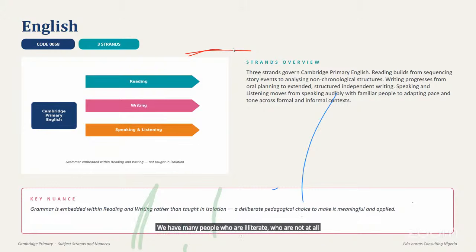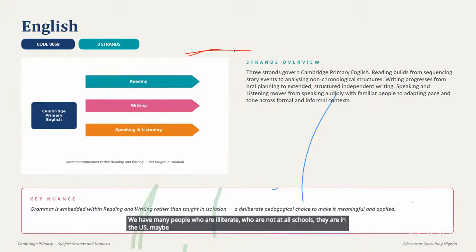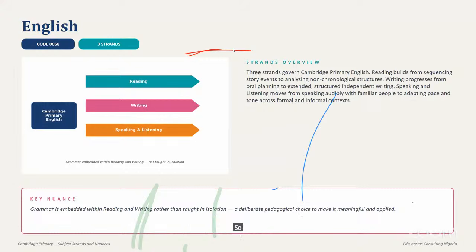They are in the US, maybe mama or papa went there, and by the time they spend 1 year, 2 years, 3 years there, they pick the language and speak English, but they can't read. So there are white folks, American folks, black or white, that can't read.